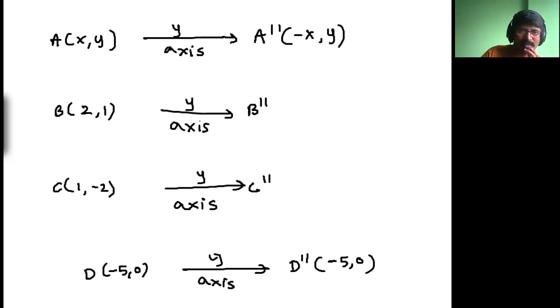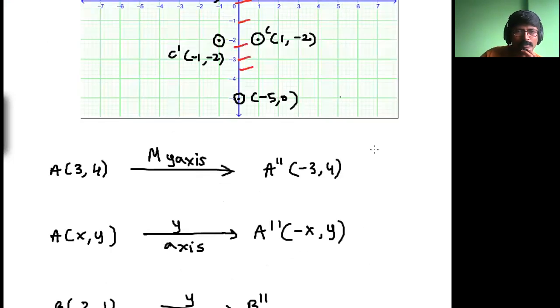Hold on, I'll just select it and change the points. Point D should not be (-5, 0), it should be (0, -5). I'm so sorry, guys. Point D is (0, -5): the x-coordinate is 0 and the y-coordinate is -5.